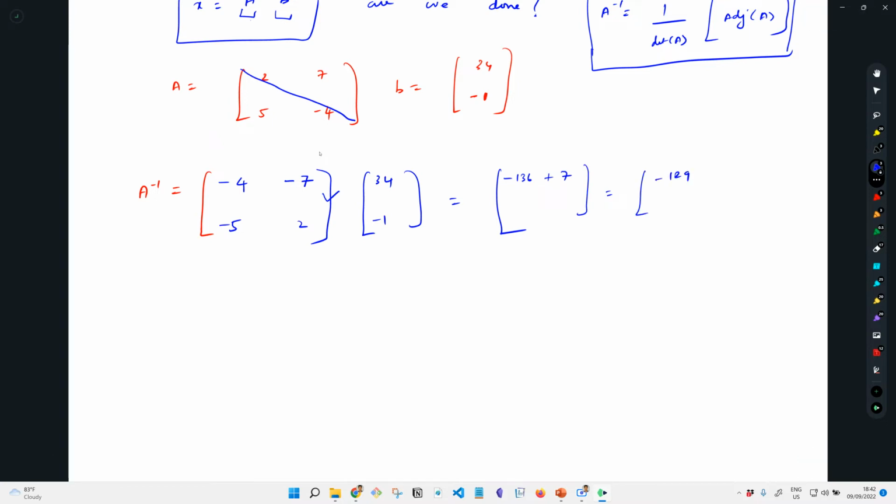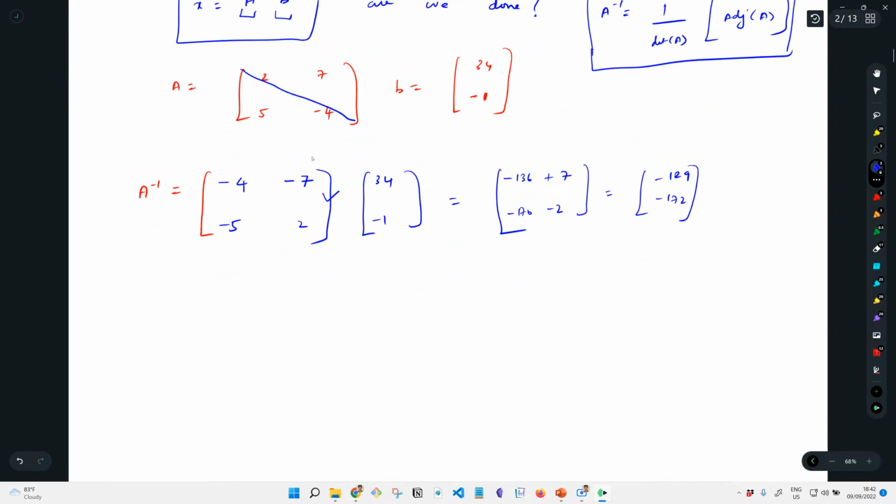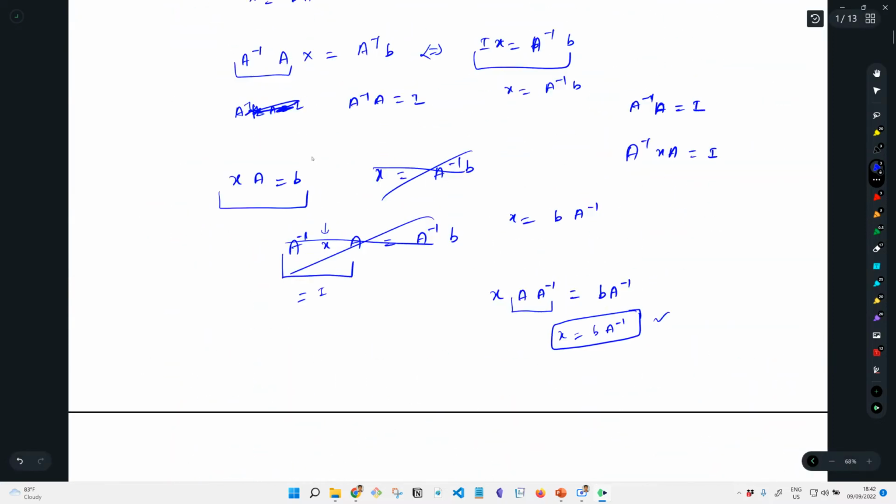And what is 34 into 5? 170, right? Minus 170 minus 2, which will be minus 172. This is the x that we got, right? Now, can you verify if I made some mistake?